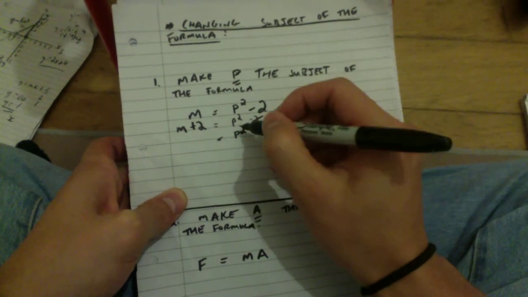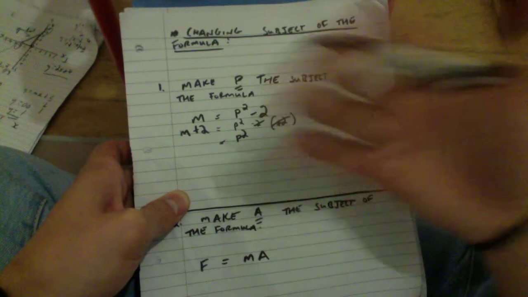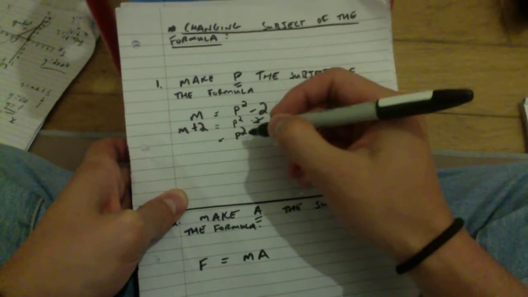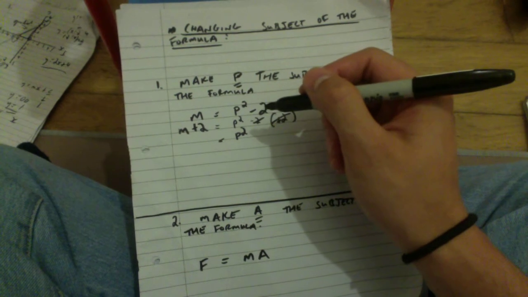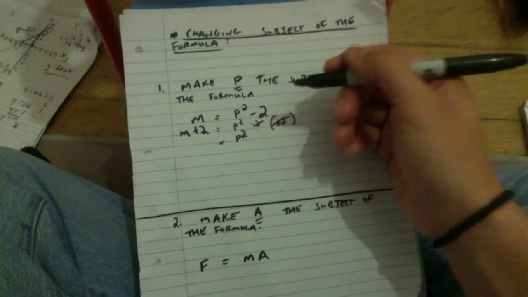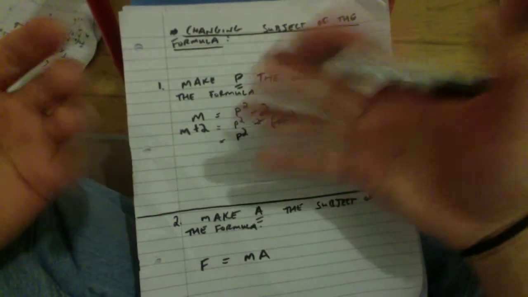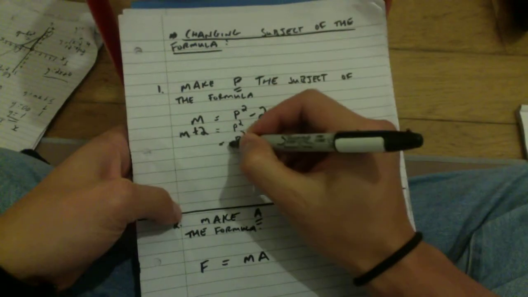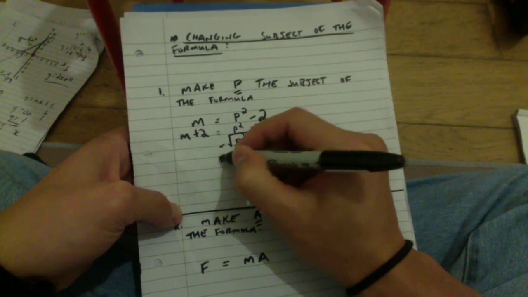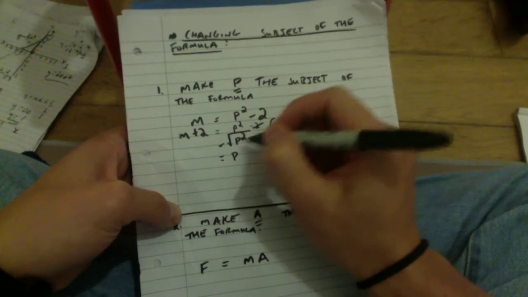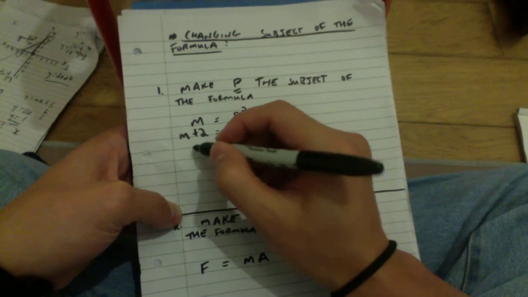And remember, how you get rid of something which is squared is by doing the square root of it. The opposite to squared is to square root it, which will leave P. But remember, what you do on this side, you've also got to do on this side.